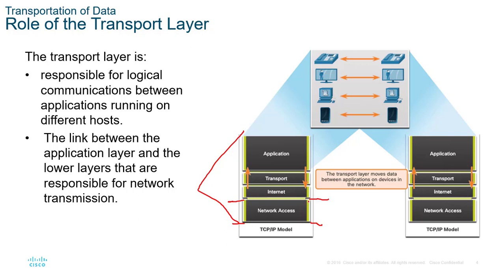At the bottom, the network access layer handles the physical layer activities: the cables, the connectors, the light waves, radio waves, electronic pulses, all the physical characteristics of how things are connected and data is physically moved.